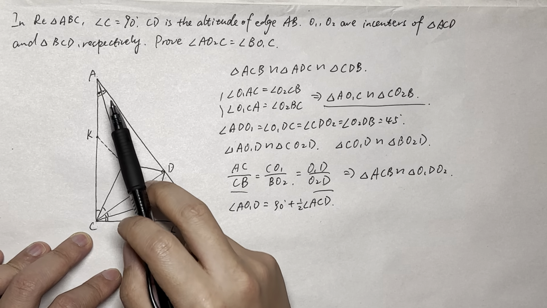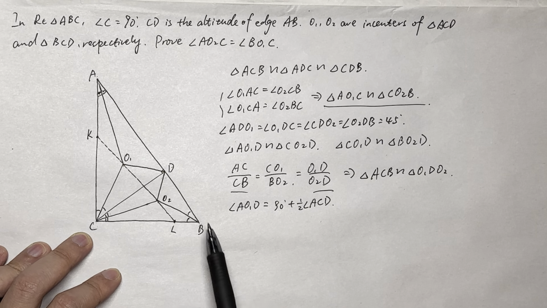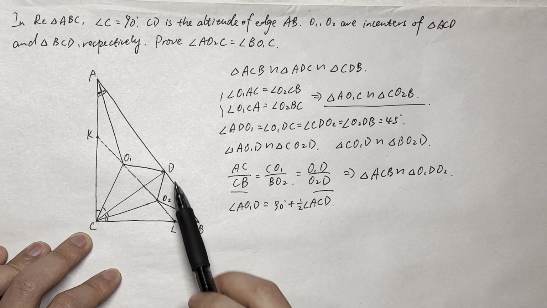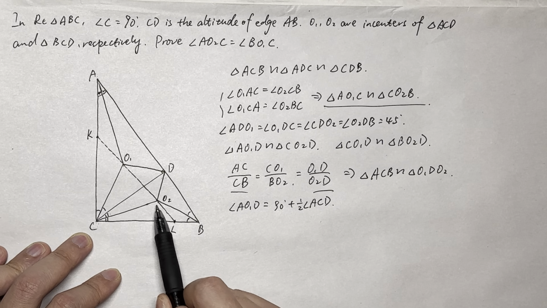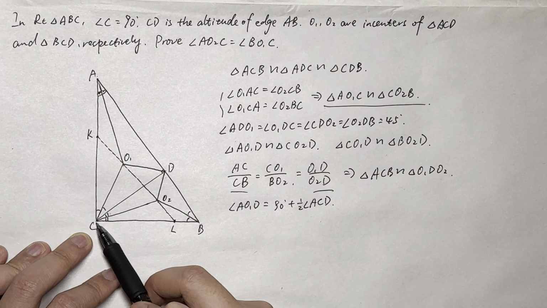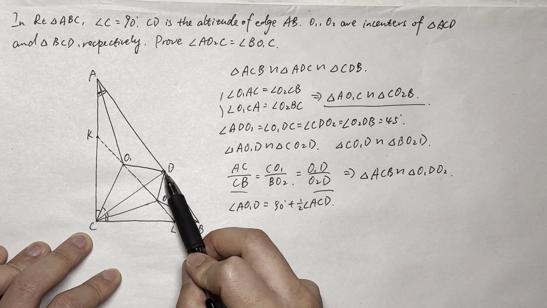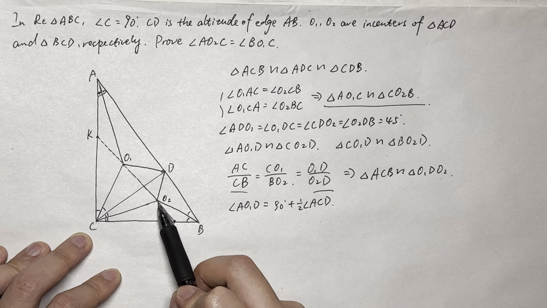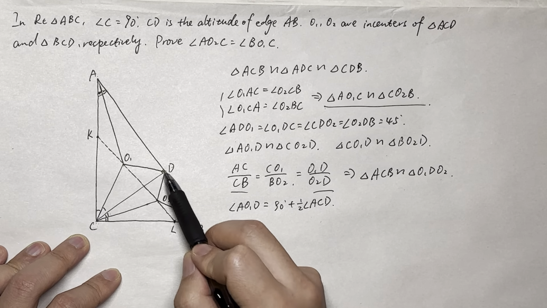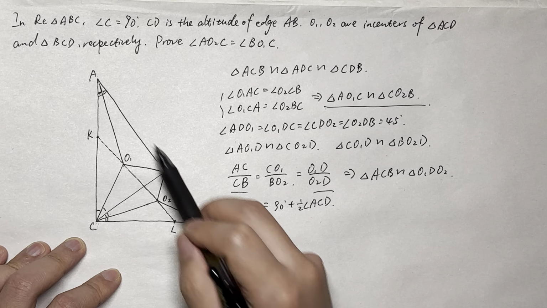And we know that angle DO1O2 equals angle DAC, because this triangle is similar to this triangle.